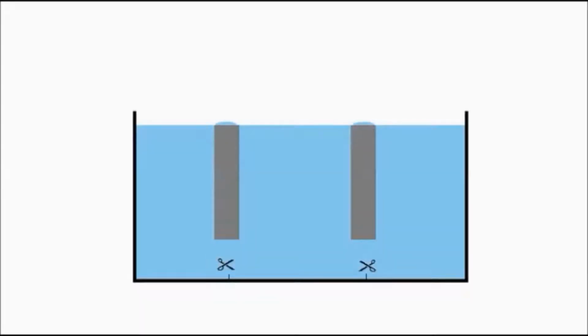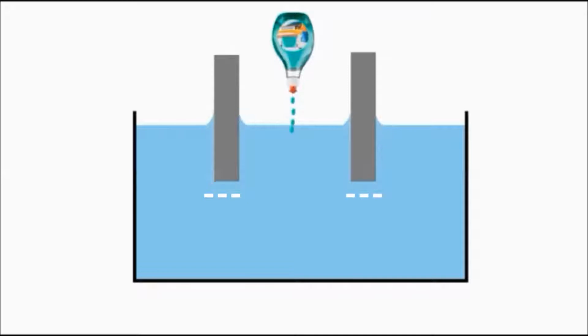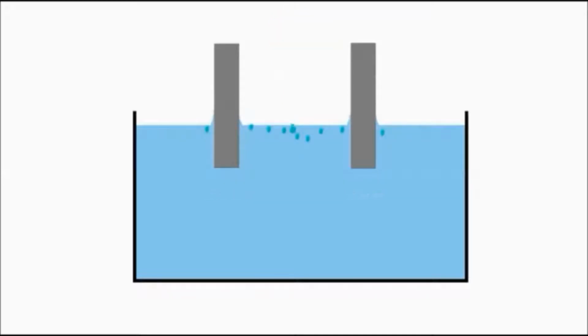If you have 2 matches inside water, the matches rise, and there you have in the surrounding area of the matches these little hills. And if you put some washing up liquid into the water, these little hills decrease, and for this the matches rise again.